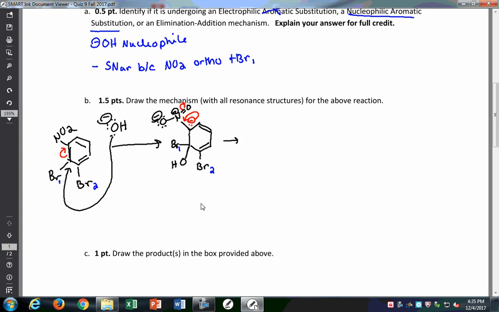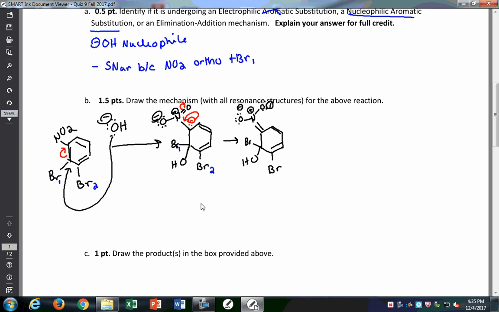So that's one of our resonance structures. It still leaves that nitrogen positive though.